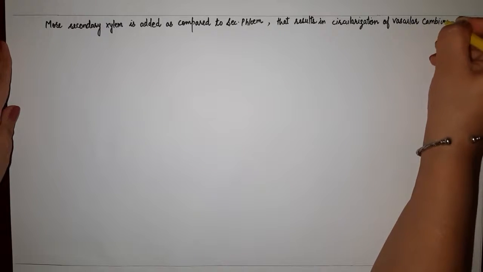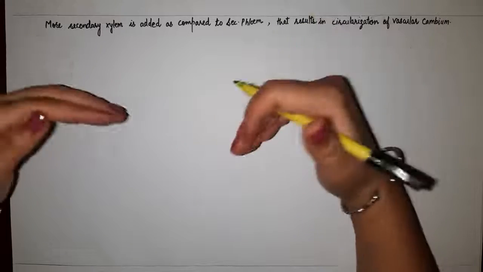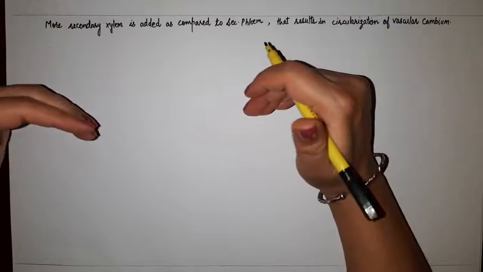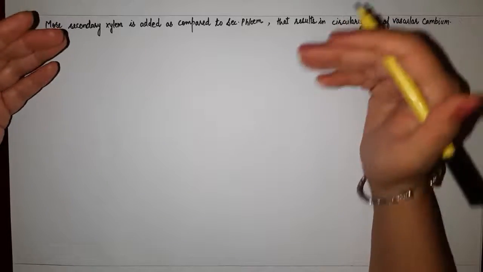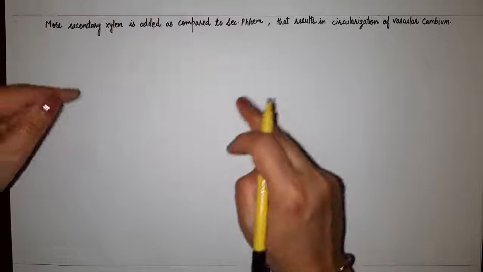Okay, the ring that was wavy earlier now becomes a circular ring because more of the tissue is being added towards the center as compared to the outer side. So, slowly from that region the ring is pushed towards the outer side so that it circularizes.